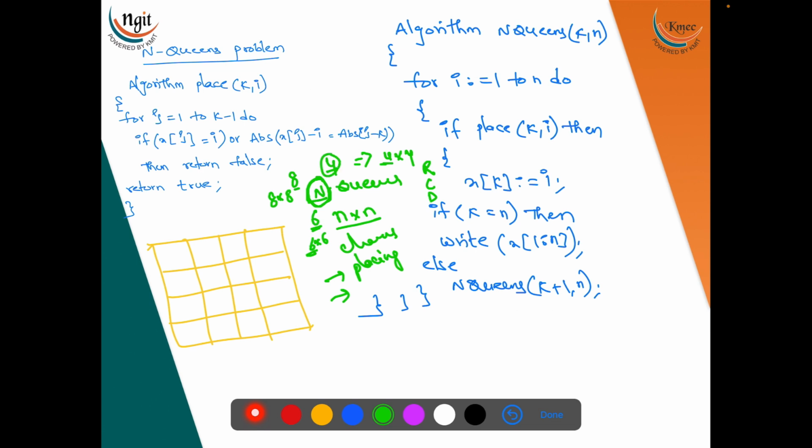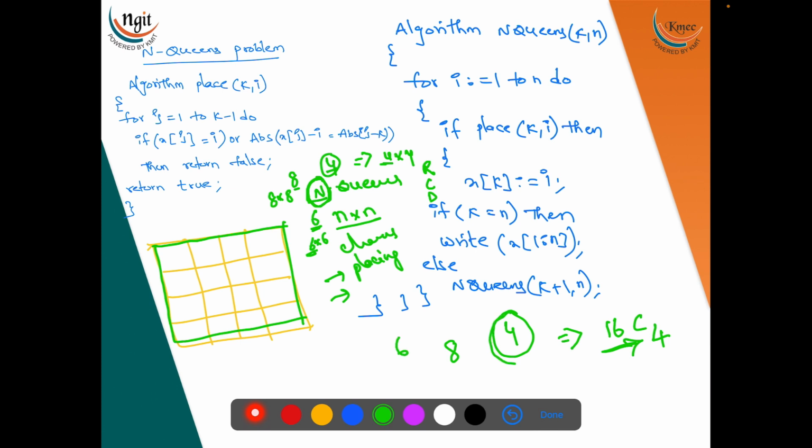The reason I am taking 4 queens, though I can take any example, is this: if I take the 4 queen problem, the number of possibilities to place queens in this chessboard is 16C4. If I take 8 queens, the number changes proportionally, and for 6 it will also increase.